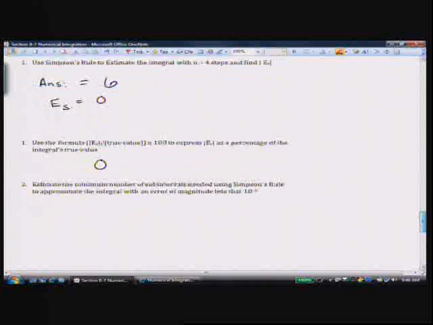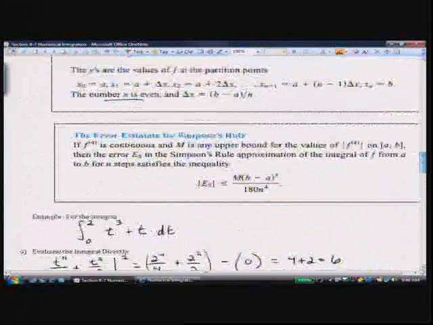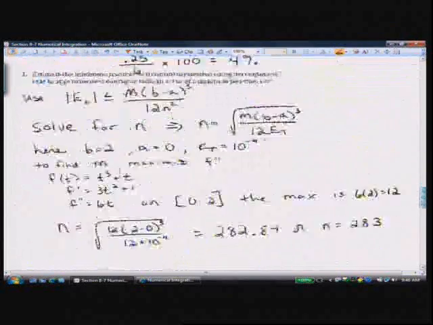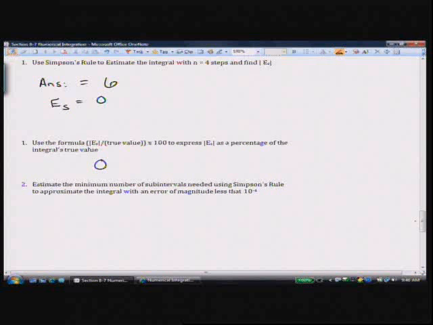Okay. To estimate the number of subintervals needed using Simpson's Rule to approximate the integral with an error of magnitude less than 10 to the negative 4, well, if you look at Simpson's error formula, m is an upper bound for the absolute value of the fourth derivative. Well, our function, what is our fourth derivative? Yeah, because the third derivative was 6, and the fourth derivative is 0, right?